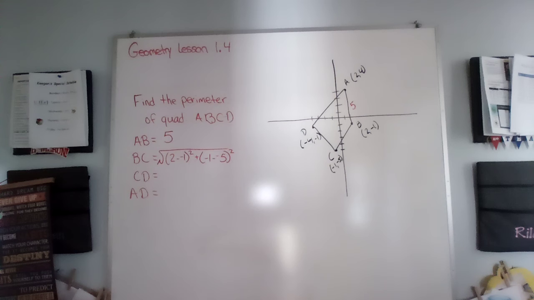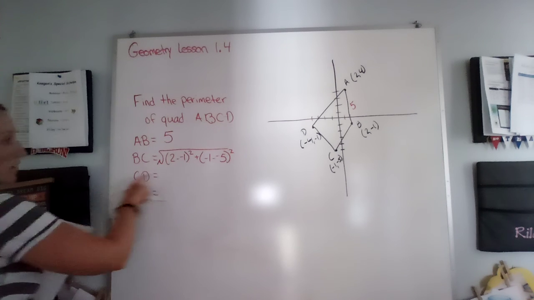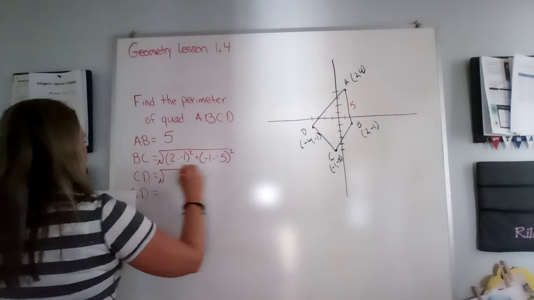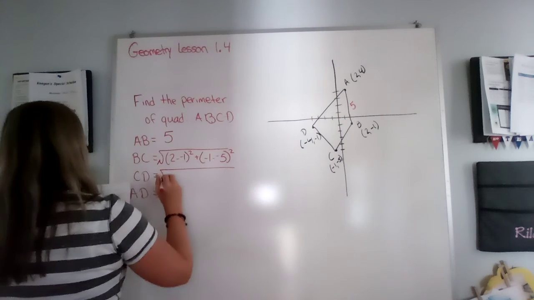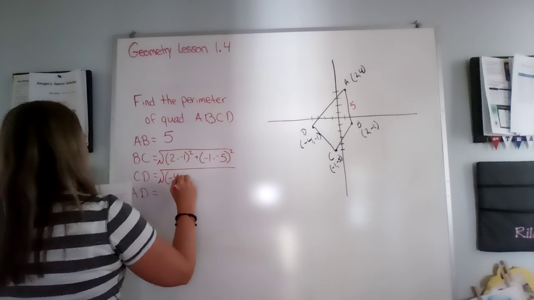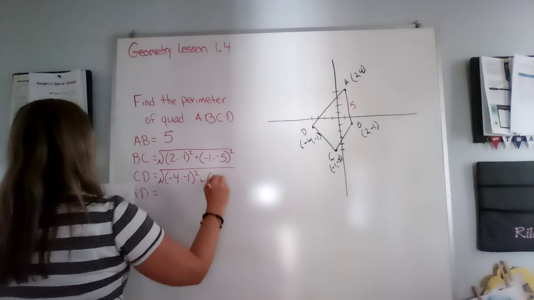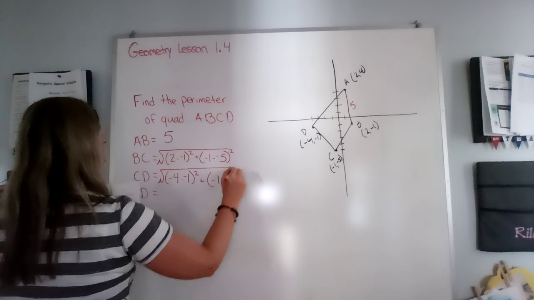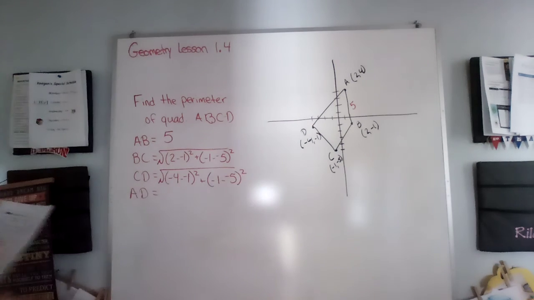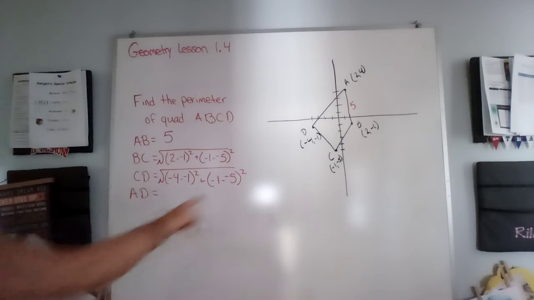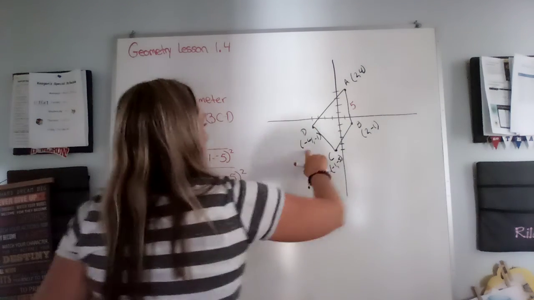All right, and then for the distance between D and C, so you have to come over here and use these coordinates. Under the square root, you're going to have -4 minus -1 squared plus -1 minus -5 squared. And then finally, the distance from A to D. So now I'm using those coordinates.